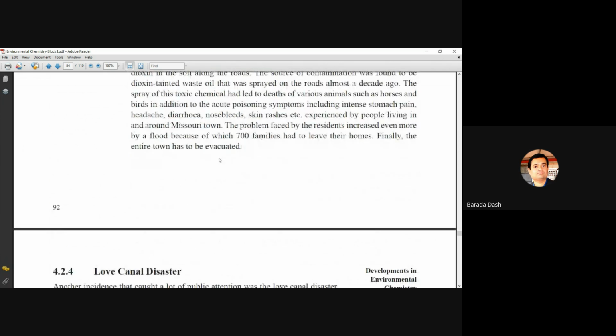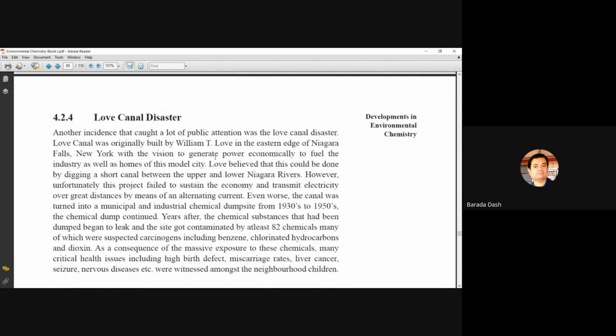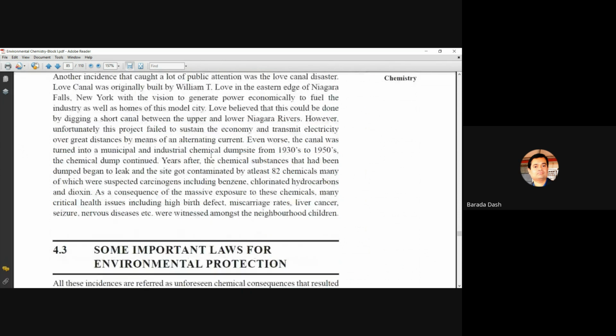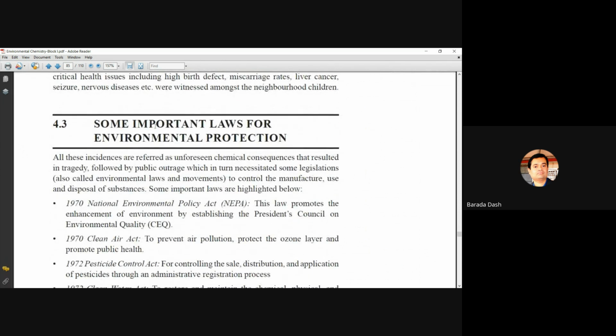These happened because we were using chemicals or chemical processes that are harmful to human beings. So the aim is to reduce the use or generation of those harmful chemicals by using green chemistry principles.